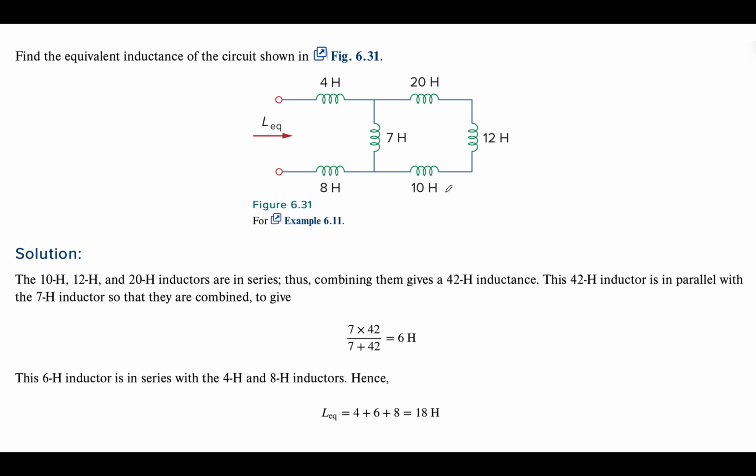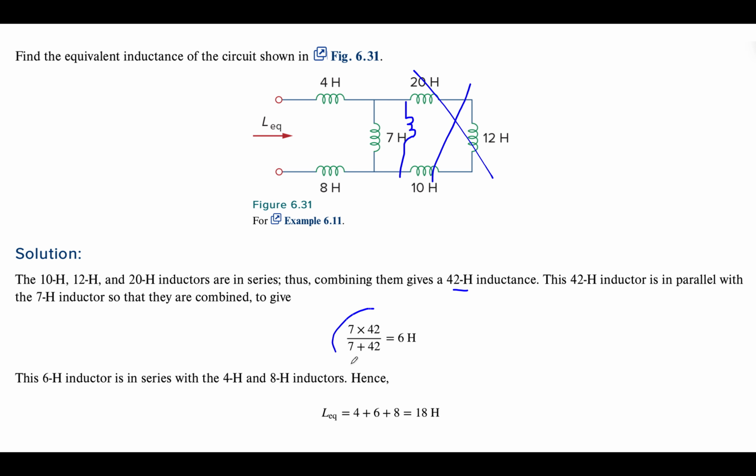So the first thing to do is to combine these 3 in series, replacing that with a single inductor, which would have a value of 42. That then places the 42 in parallel with the 7.